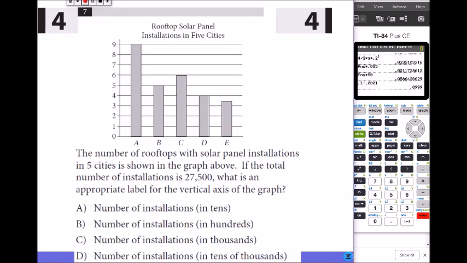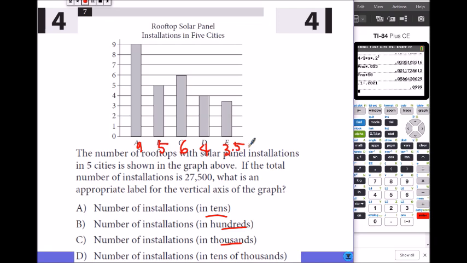Number 7, the number of rooftops with solar panel installations in 5 cities is shown in the graph above. If the total number of installations is 27,500, what is an appropriate label for the vertical axis of the graph? All right, so we want to know whether this is in tens, hundreds, thousands, or tens of thousands. So A has 9, 5, 6, D has 4, and here's like 3.5.